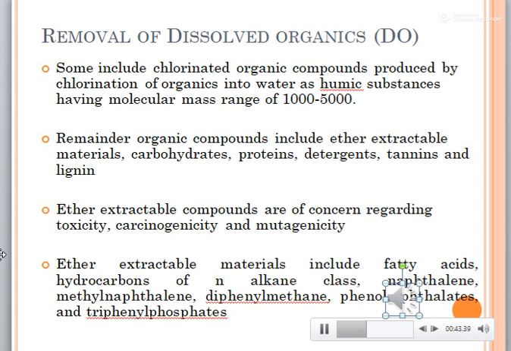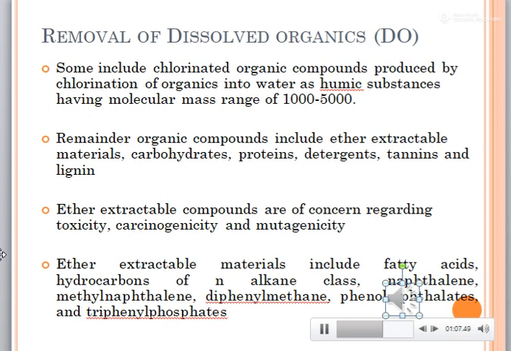A variety of organic compounds are produced by secondary waste treatment and should be considered as a factor in discharge or reuse of the treated water. Among the remaining compounds are found ether extractable materials, carbohydrates, proteins, detergents, tannins and lignins.